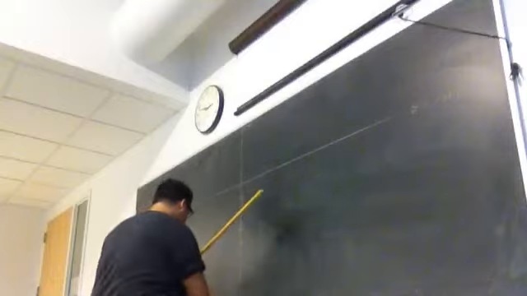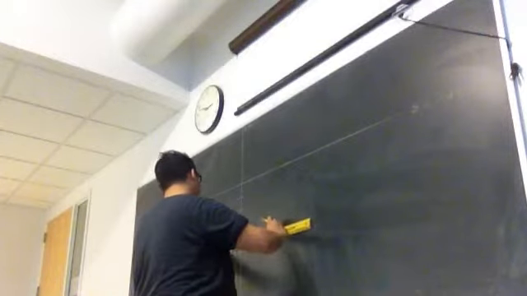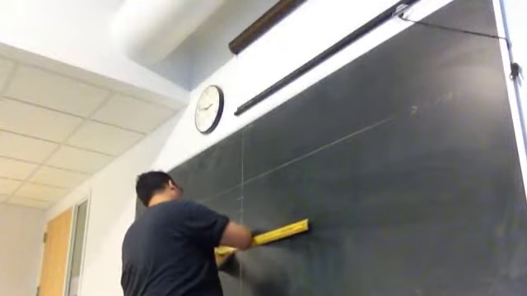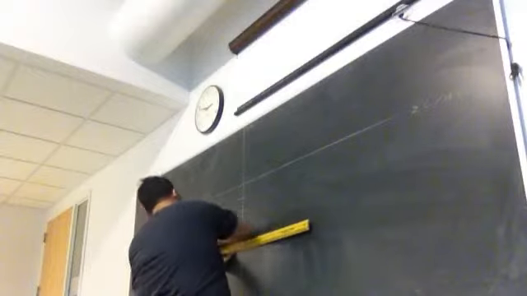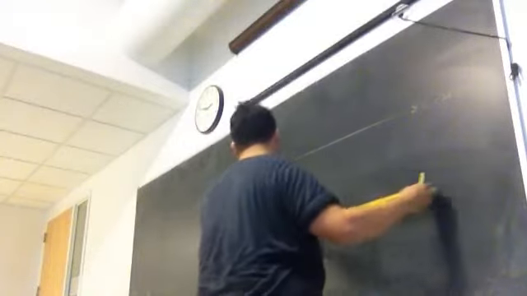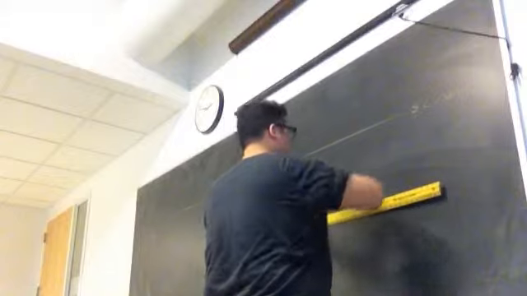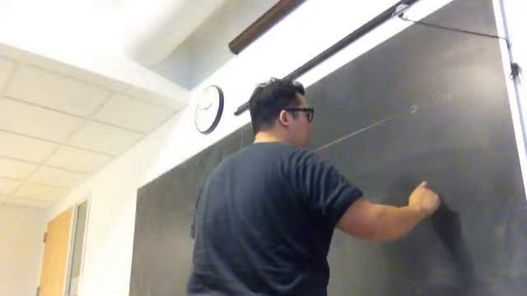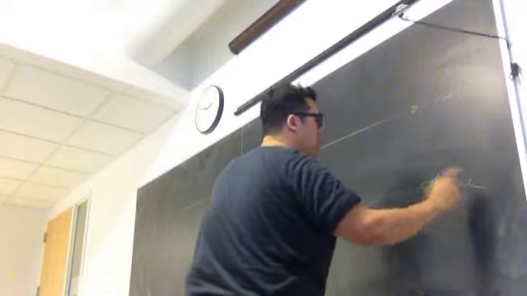There's my ground plane. How many units do we wanna go left and right? 5? Alright.